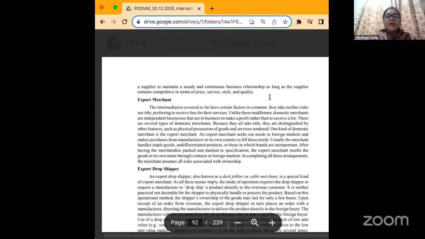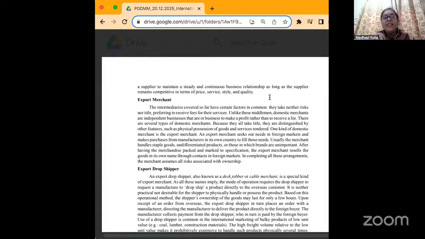And the next one that is of significance is that of an export merchant. So the intermediaries covered so far have certain factors in common. And what are they? They neither take the risk nor title to the product. They also prefer to receive fees for their services, that is the commission.